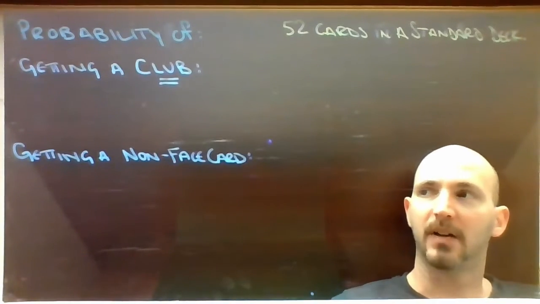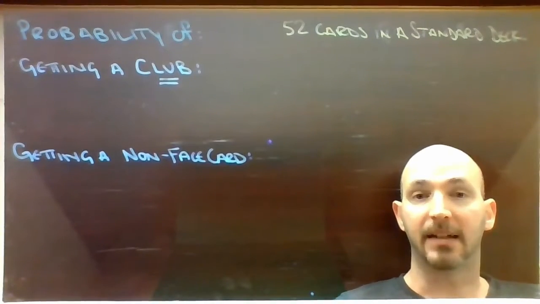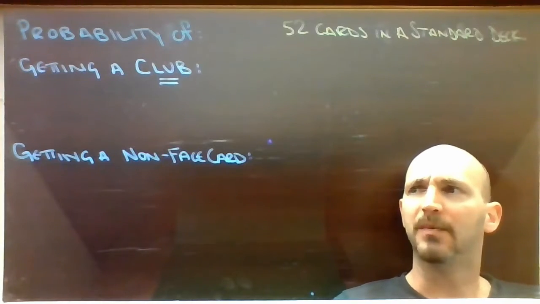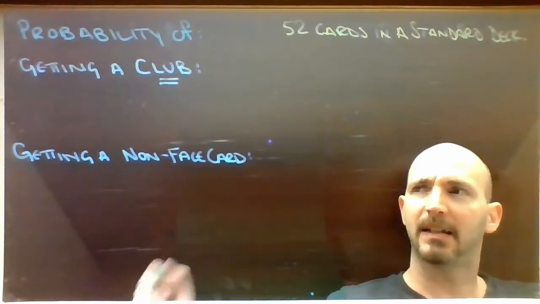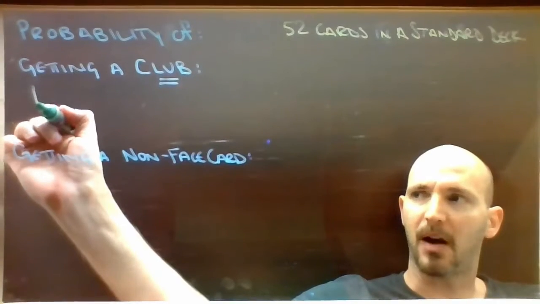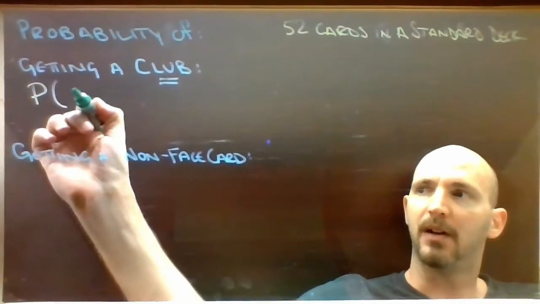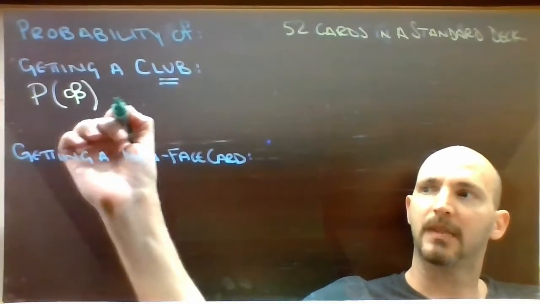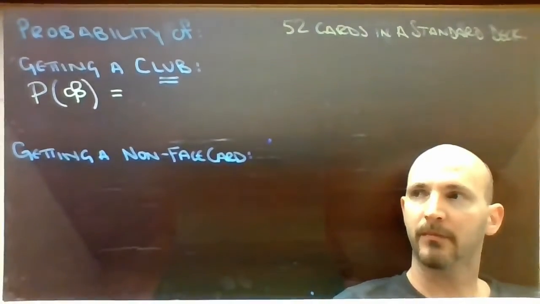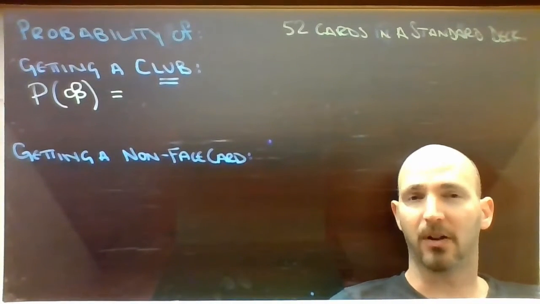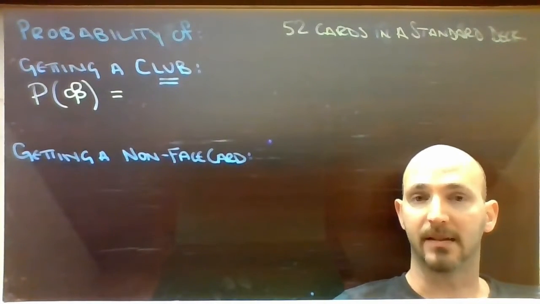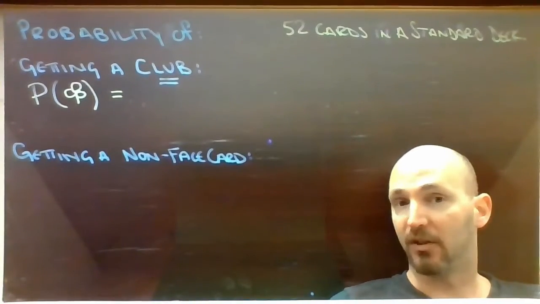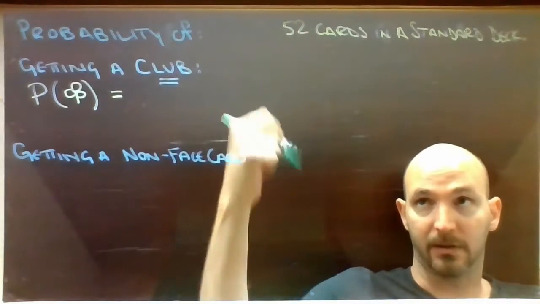So to start off, I want to know the probability of getting a club, or more appropriately known as the suit of destiny. So if we were to do a probability of getting a club, I would write that this way: the probability of getting clubs is... Now when you do a basic probability, all you're doing is counting the number of ways that happen like this out of the number of ways it could turn up in general.